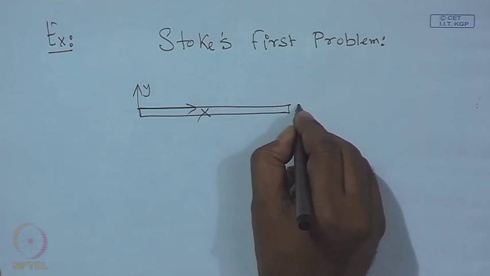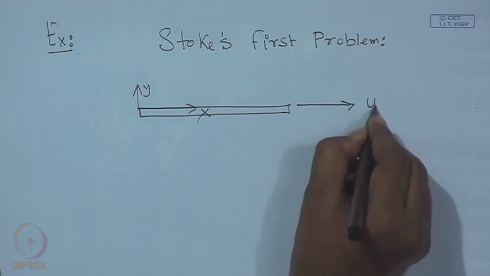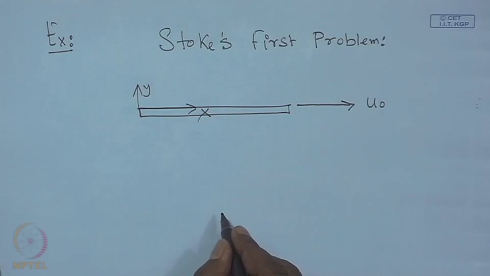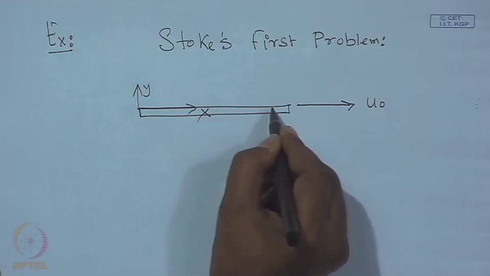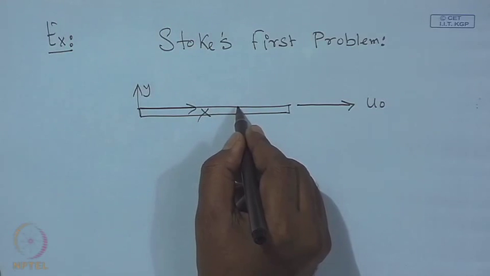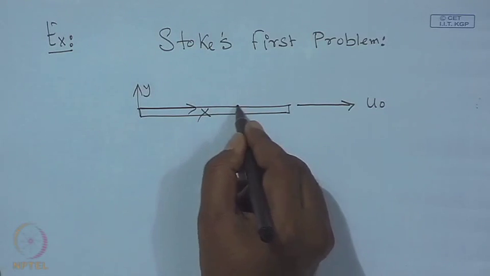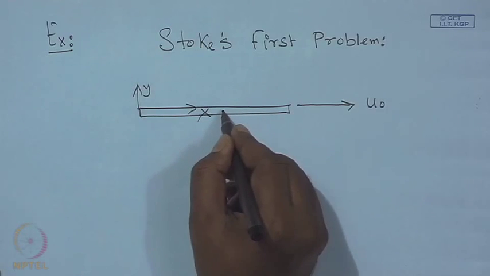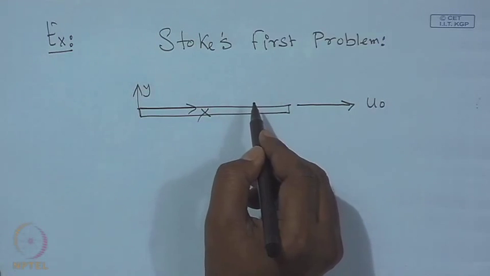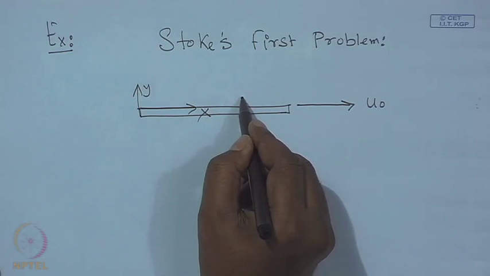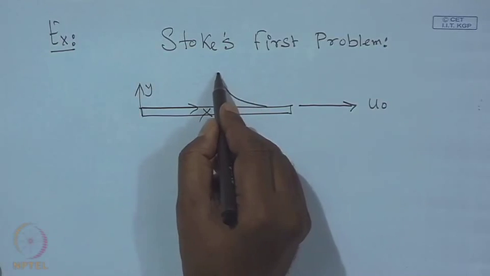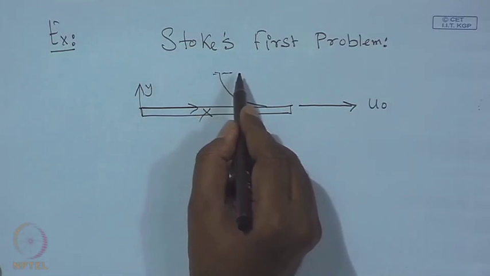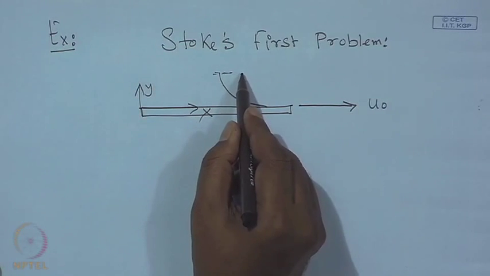At time t equal to 0, it starts moving in the positive x direction with a uniform velocity u naught. What happens? The fluid adjacent to the plate, because of the no slip boundary condition, will be experiencing a velocity u naught, and because of the viscous forces the velocity keeps on decreasing, and at a particular y the velocity decreases down to a value of 0.